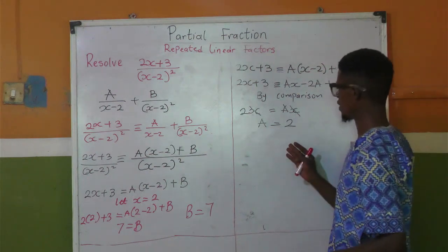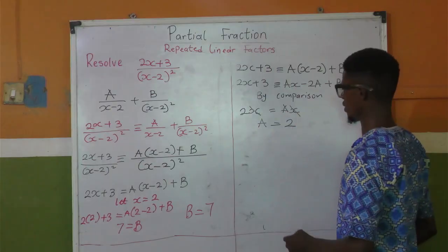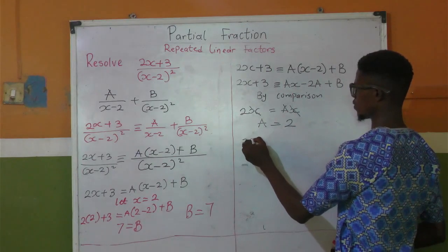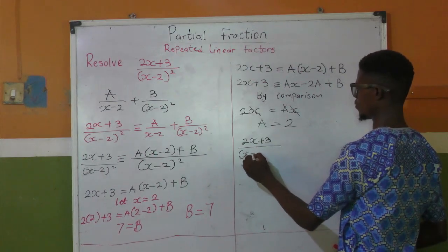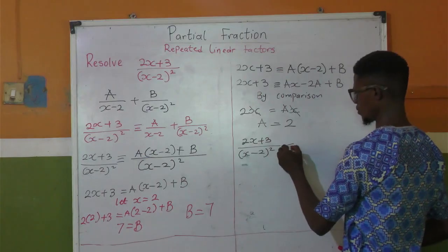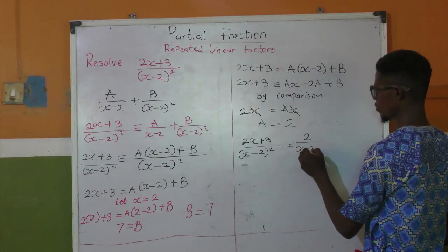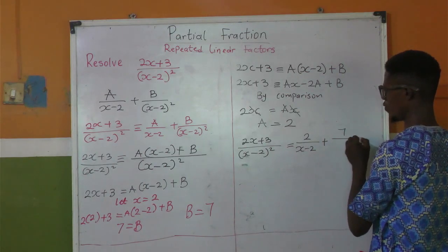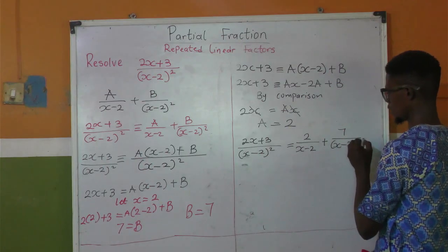Now, let's put the values for a and b into this expression again. So we have 2x plus 3 over (x minus 2) squared is equal to 2 over x minus 2 plus 7 over (x minus 2) squared.